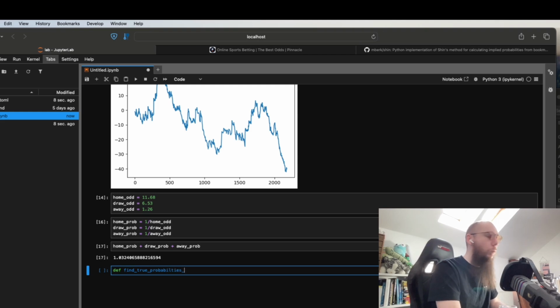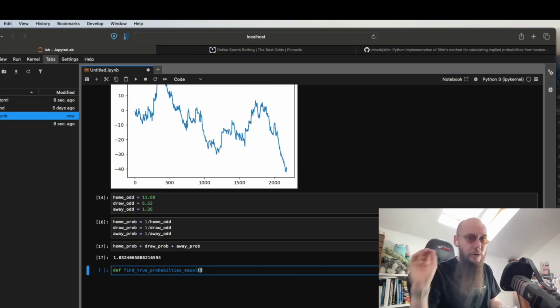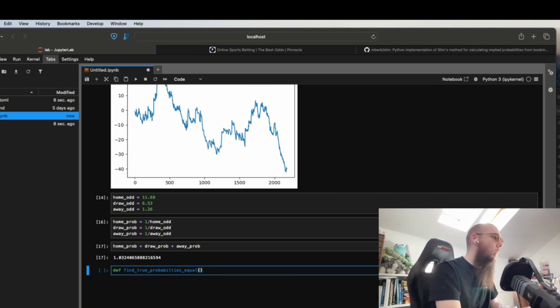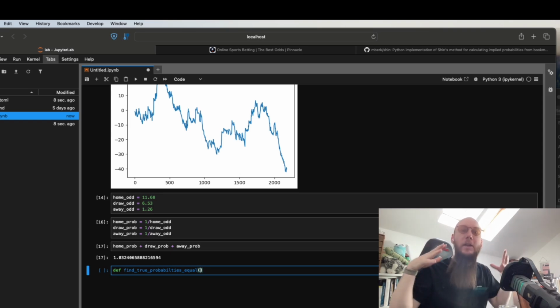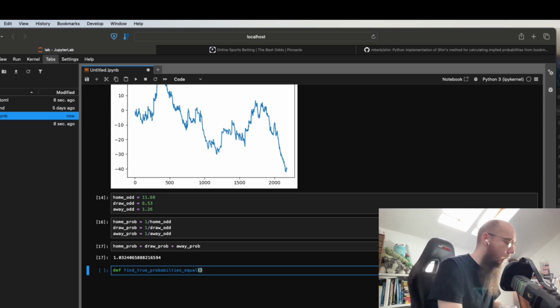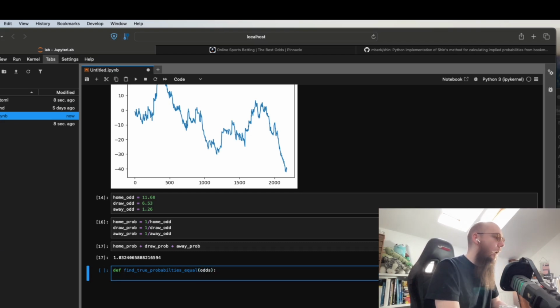We want to know what the true probabilities of the outcomes are, and we're going to label it, because we'll make a few as we go on, but today this is the only one we'll do. So find_true_probabilities_equal, because we are assigning the overround equally to all outcomes. And what we're going to do is take a list of odds, and return an np.array of adjusted probabilities.